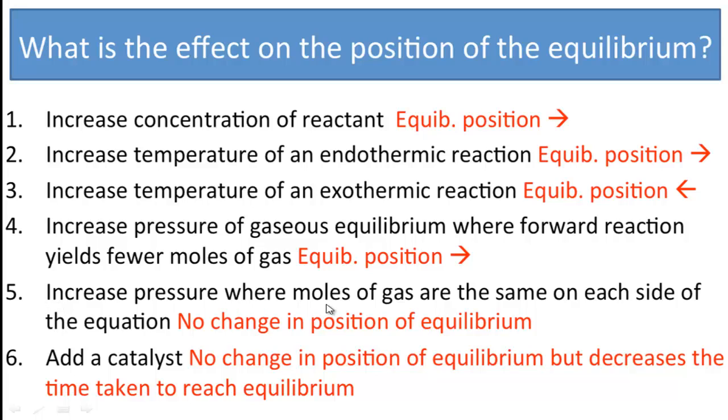If the moles of gas are the same on each side of the equation, then there is no change in the position of equilibrium, because it is not affected by pressure. And for a catalyst, no change in the position of equilibrium, because the equilibrium position is not affected by any catalyst. So I hope, my dear students, you clearly understand the Le Chatelier's principle on the equilibrium position of reversible reactions.